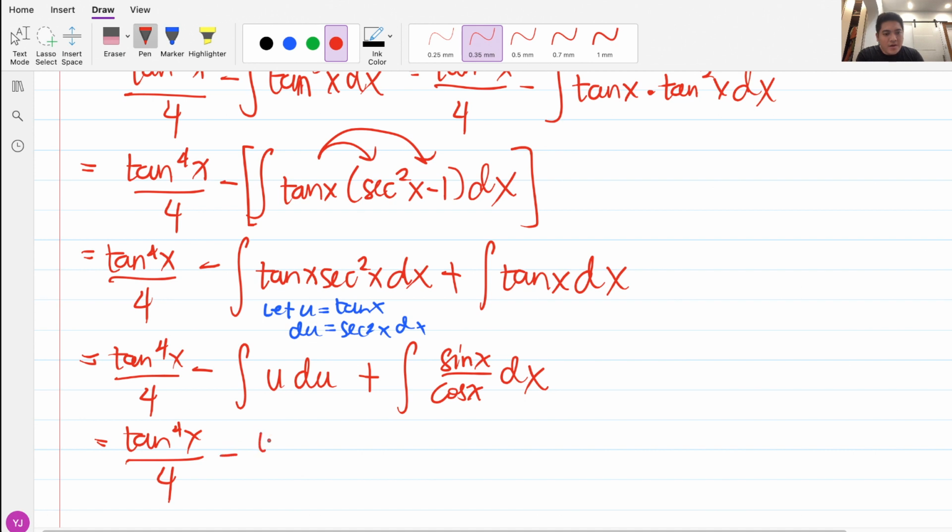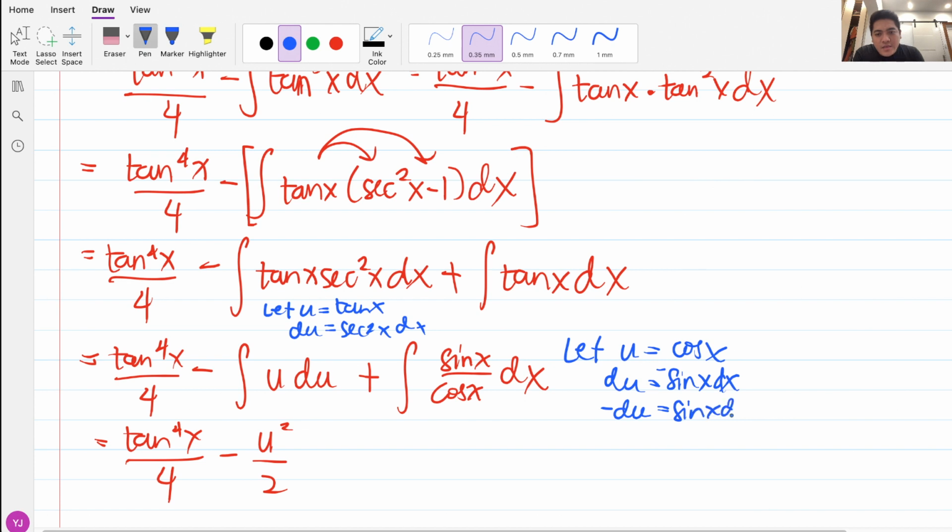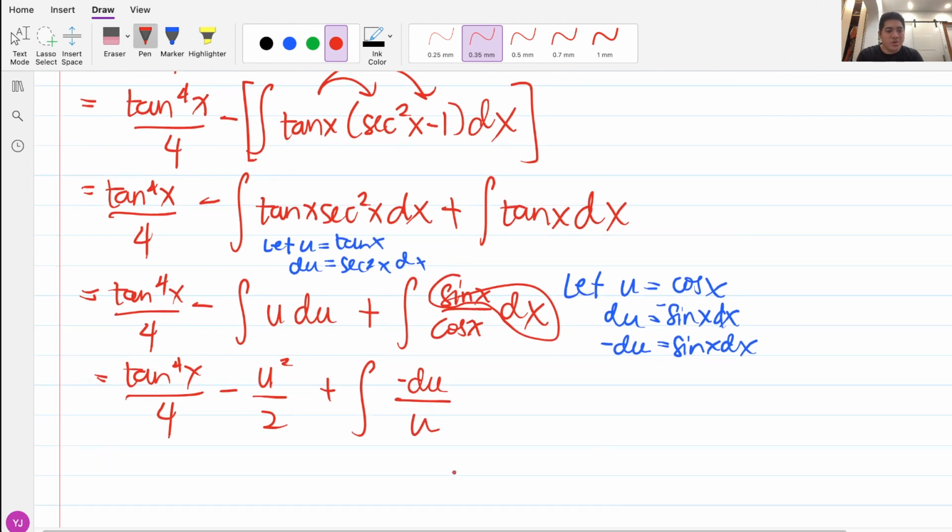So we have minus u squared all over 2 plus, if we let u be cosine of x, our du would be negative sine of x dx. So negative du would be sine of x dx. That's just simply u substitution. So I have now sine of x dx as negative du, all over cosine of x, which is u. So I have now the answer.